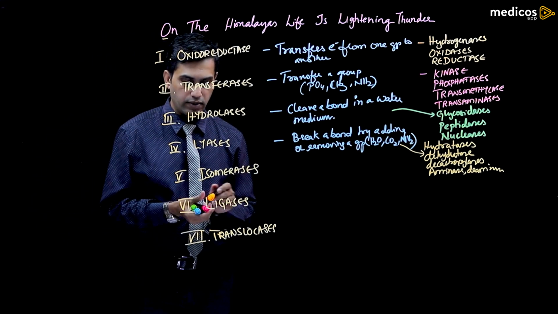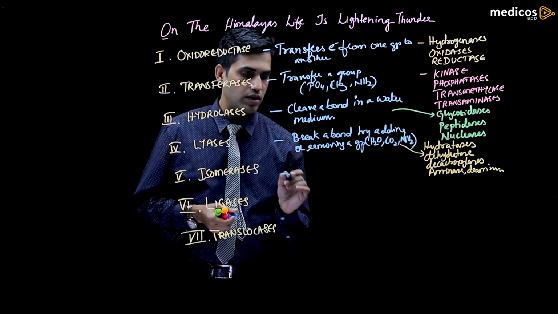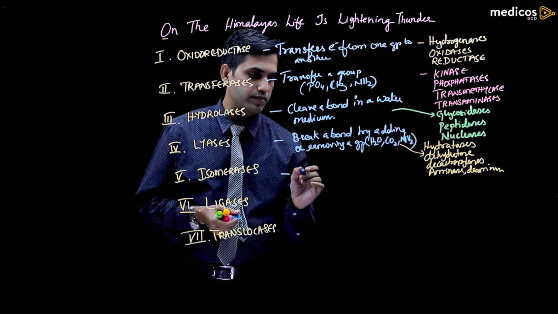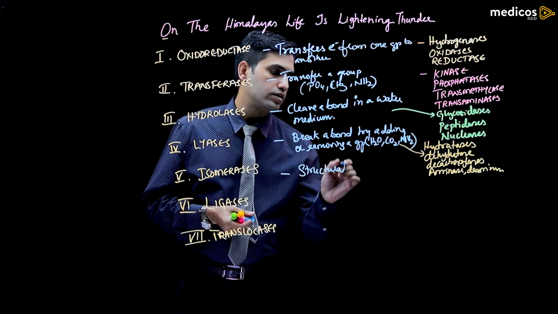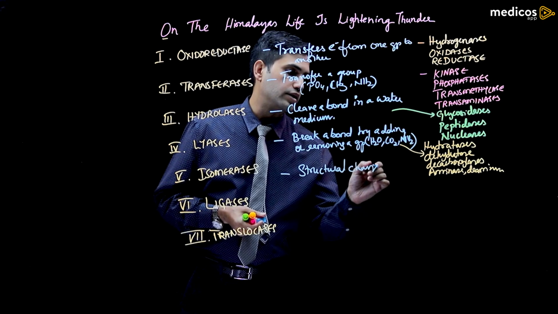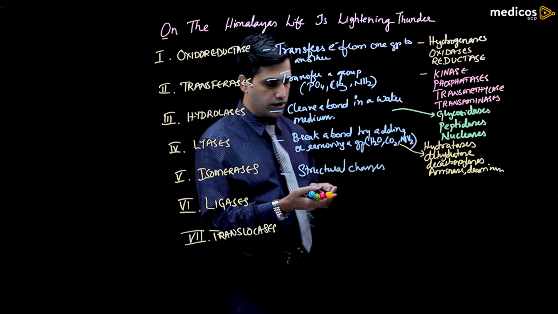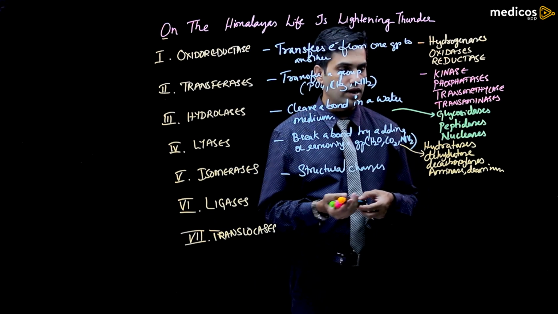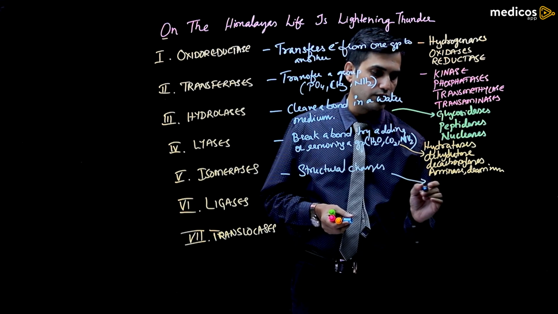Isomerases. They bring about structural change. Structural changes forming isomers. Examples are triose phosphate isomerase, like that.